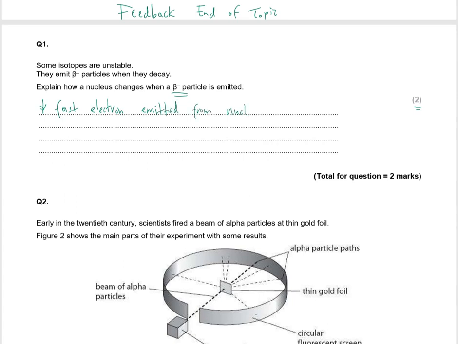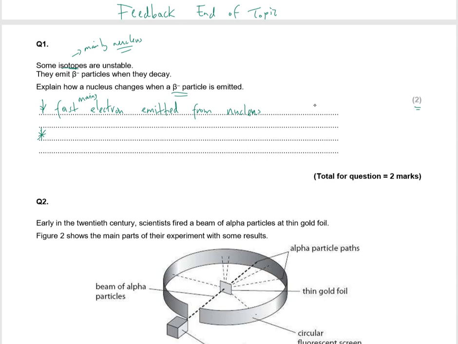Normally when we talk about isotopes, it's mainly the nucleus. We did look at this before when we did some papers. So it's a fast moving electron emitted from the nucleus. This will give you 1 mark.